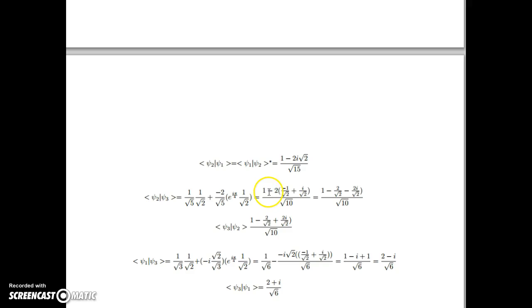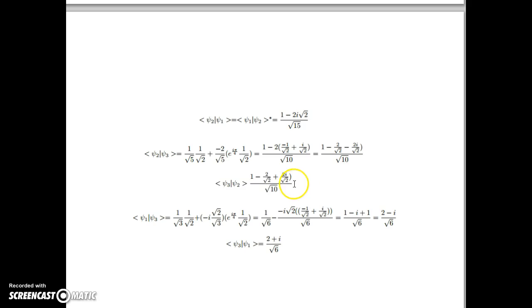And then when you simplify that, you get this. And then again, you just find the complex conjugate by turning the i's to negative. So in this case, minus 2i over square root of 2 becomes plus 2i over square root of 2.